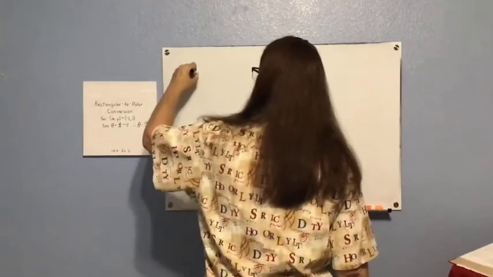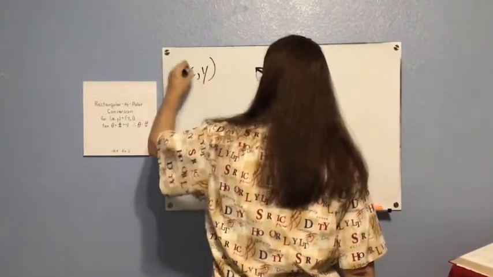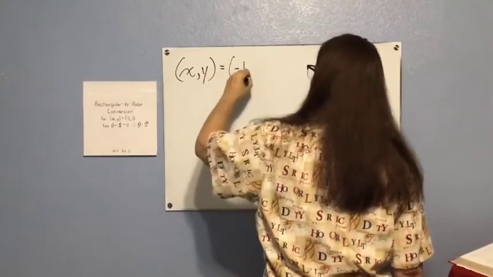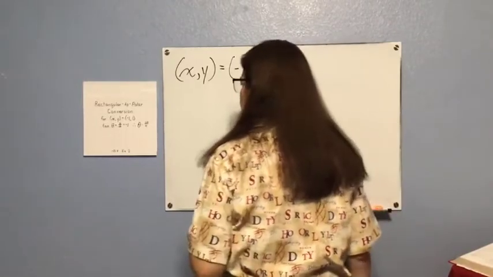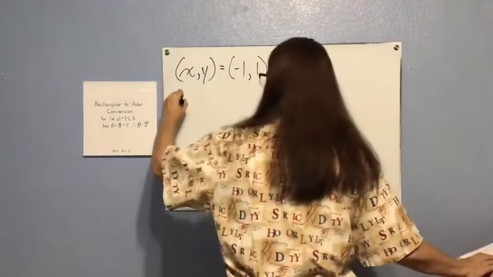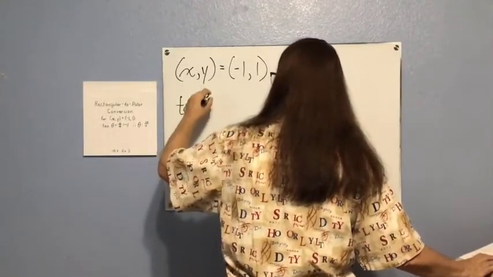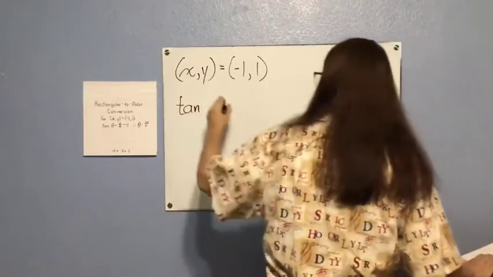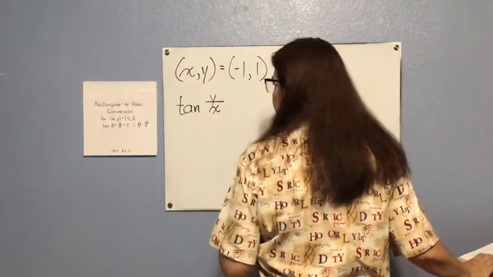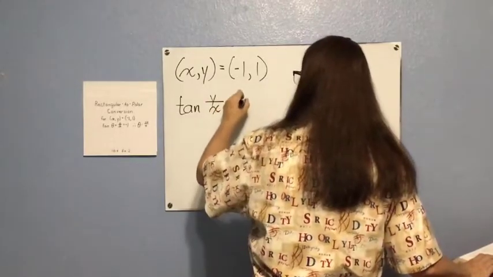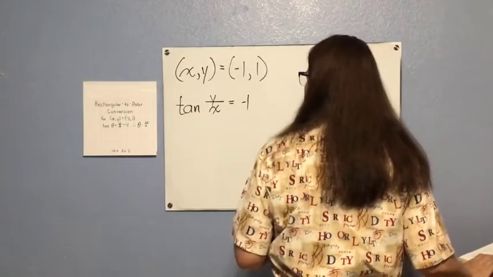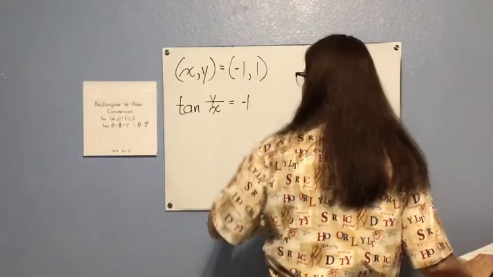If I have the ordered pair x, y that is -1, 1, and I want to rewrite this with polar coordinates, I know that the tangent of theta is y over x, which is -1.